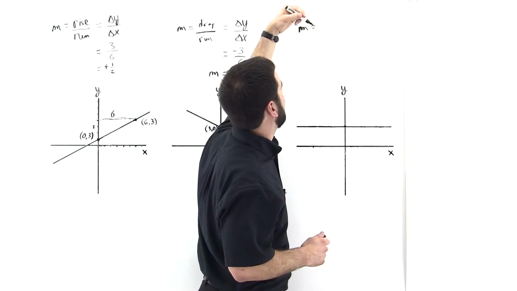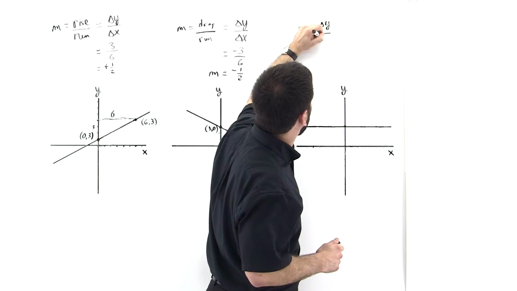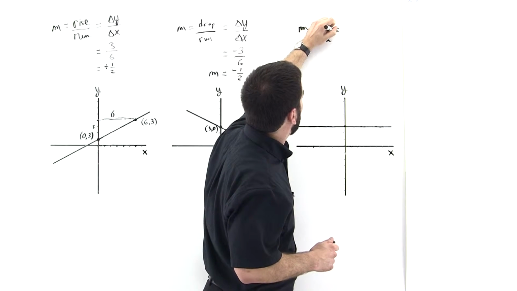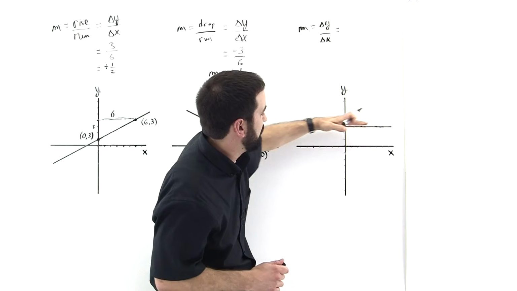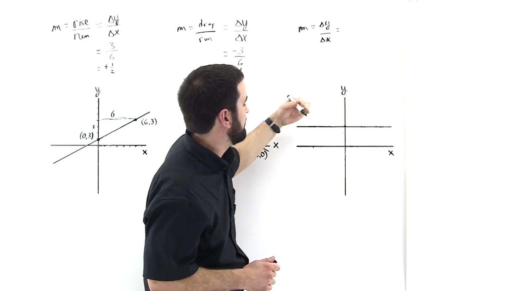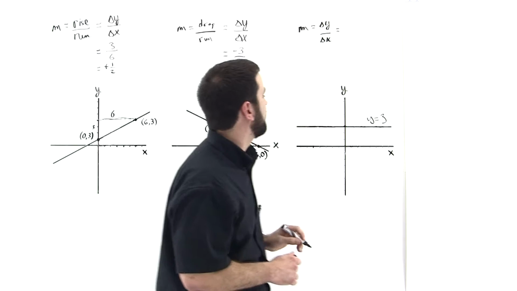Let's just say delta y over delta x every time. It never changes its y value. It always has a constant y value of 1, 2, 3. So this graph is the line y is equal to 3, like so.